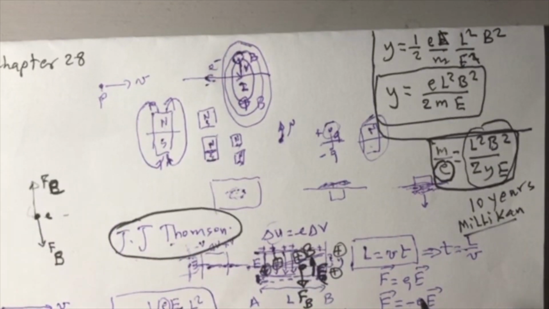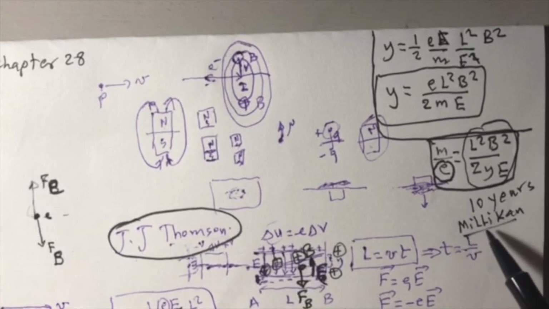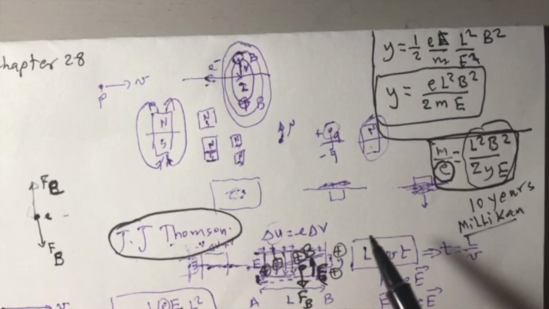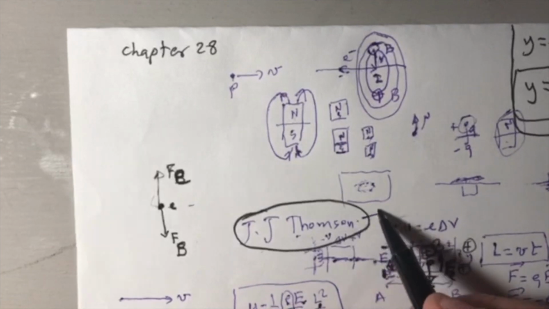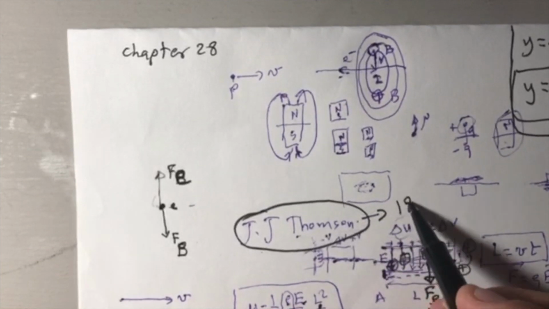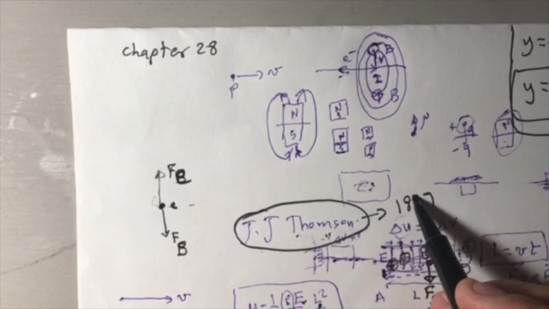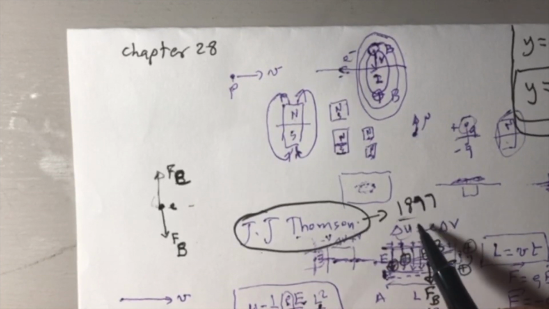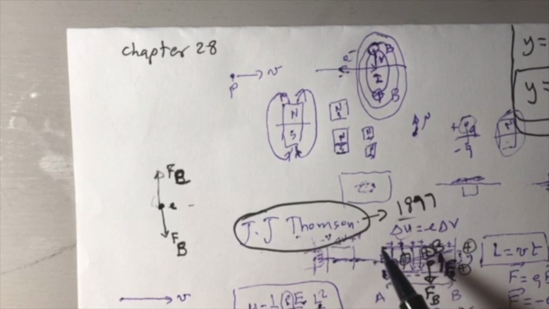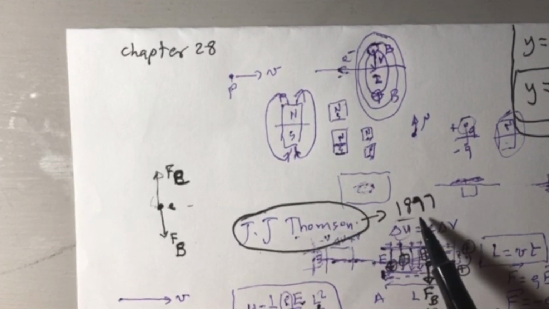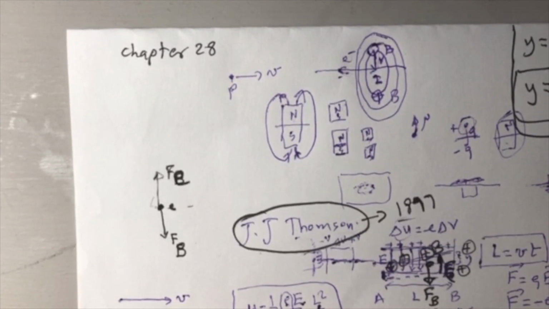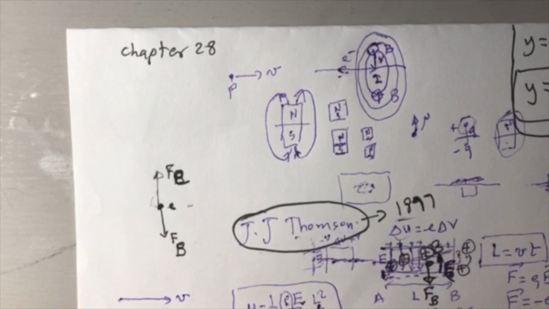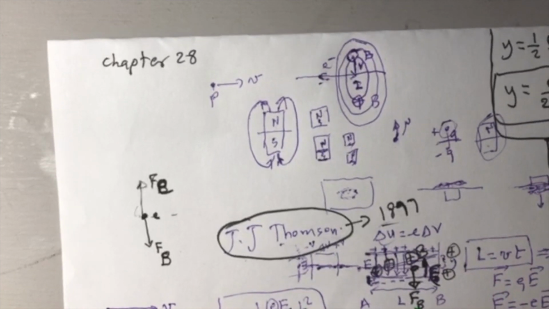Now, this happened, J.J. Thomson did this experiment in 1897. So in 1897, people didn't know the charge of the electron or the mass of the electron. And they had to wait 10 years. And then after 10 years, they started knowing the charge and the mass of the electron.